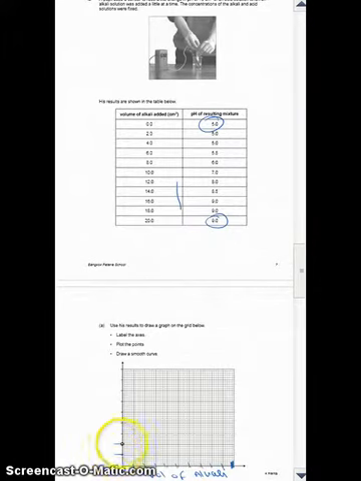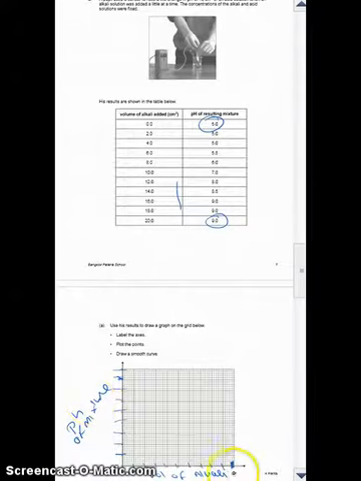So 1, 2, 3, 4, 5, 6, 7, 8, 9 fits on perfect. It's like they organized it for you. And on the side here we're going to put pH of mixture.